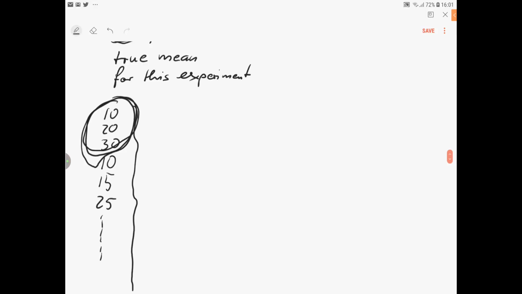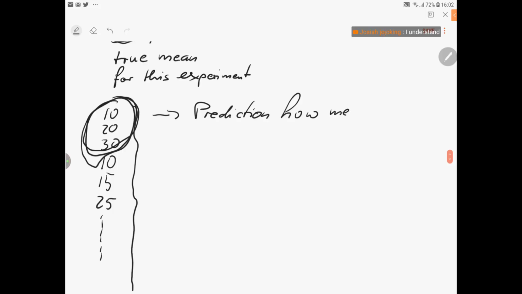So what we just simply do is we use our 3 data points and try to make a prediction how the mean would look like if we did the experiment 1,000 times, or let's say if we did the experiment an infinite number of times.